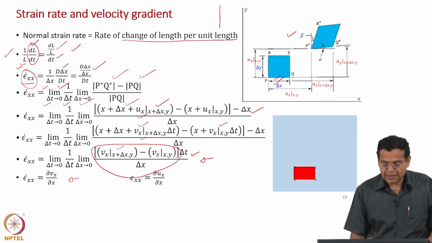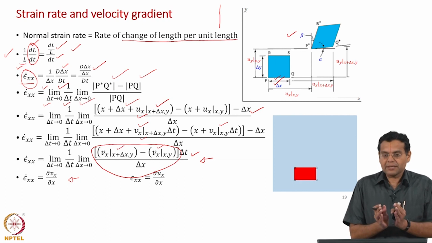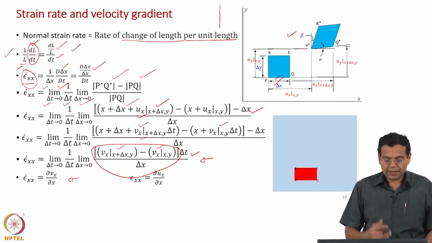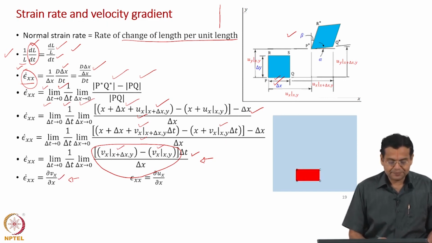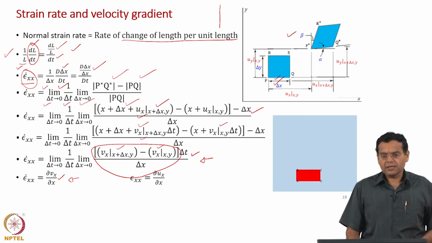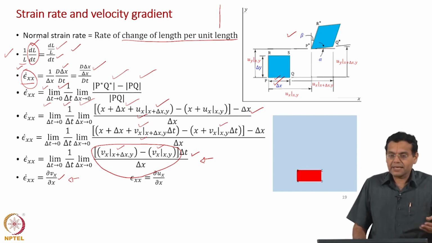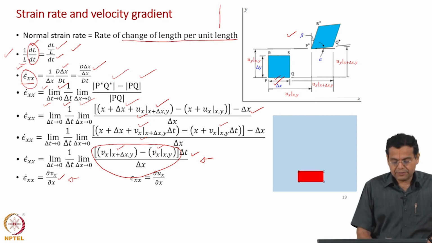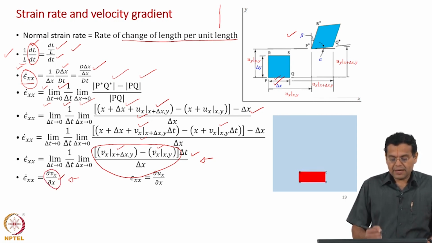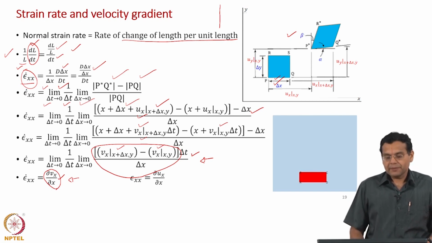These two velocities were average velocities over some time interval delta t, but now we are taking delta t tending to 0, so they become instantaneous values. So, now this gradient of velocity is the gradient of instantaneous velocities, and as we expect, the relationship is valid at every instant of time and also at every spatial location.